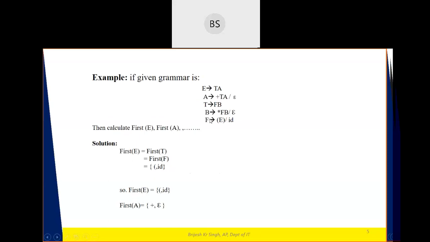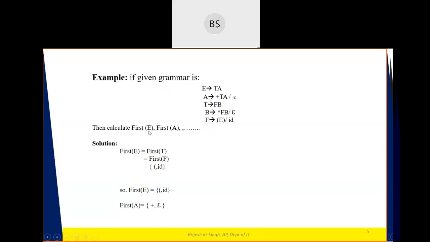For example, suppose we have a grammar: E produces T A, A produces plus T A, A produces epsilon, T produces F B, B produces asterisk F B, B produces epsilon, F produces (E) and id.